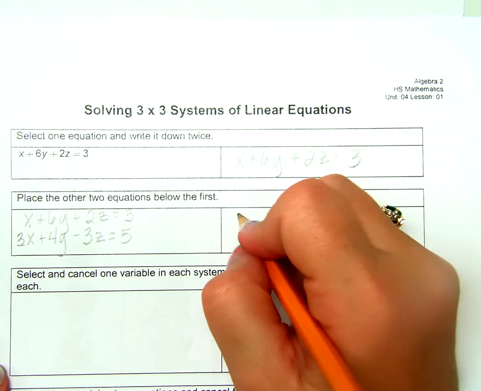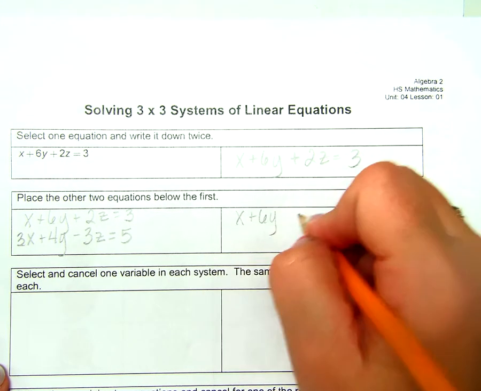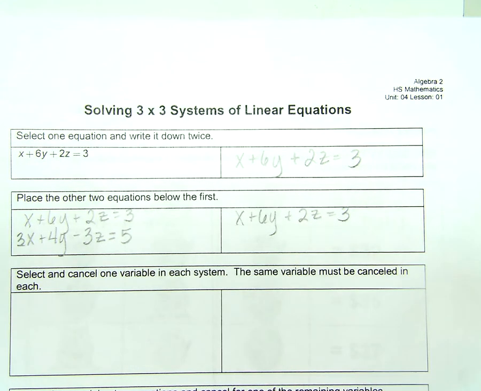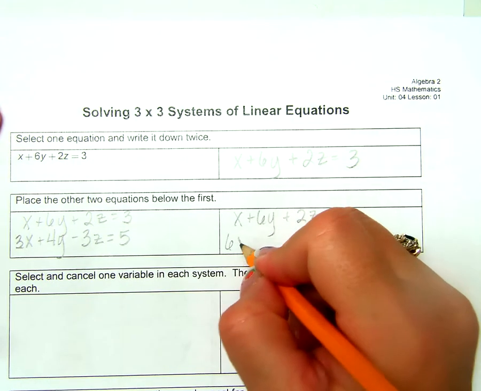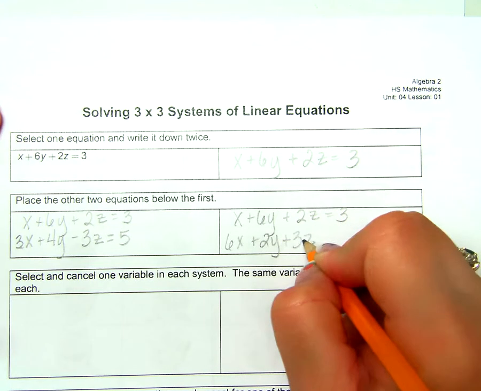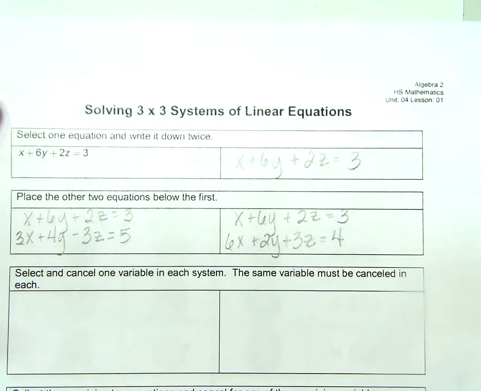So then I need to rewrite this one, x plus 6y plus 2z equals 3. And the other equation from the other side is 6x plus 2y plus 3z equals 4.